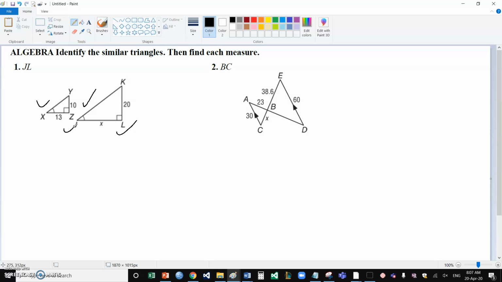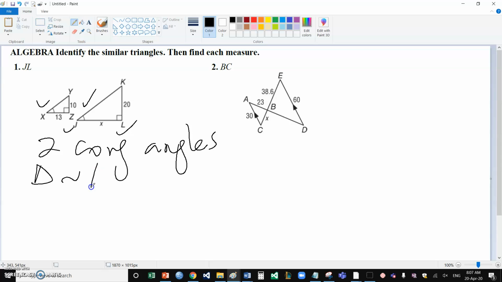So we have two congruent angles, which means that the triangles are similar. What triangles? XYZ and JKL.